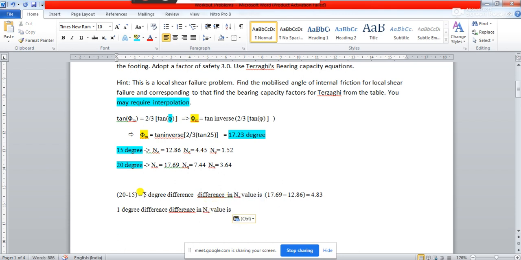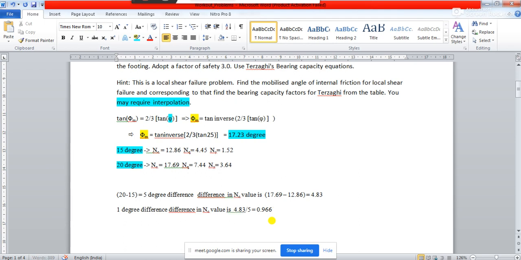For 5 degree it is 4.83, so 4.83 divided by 5. Yes, very good. A very simple thing, just unitary method. So how much is it? 0.966. Is it okay?